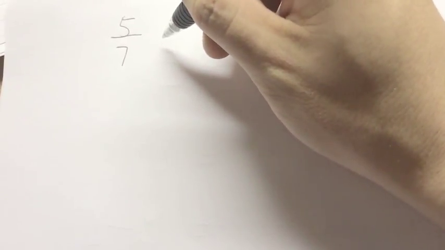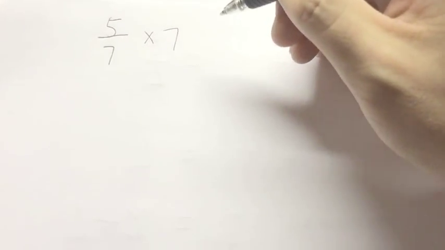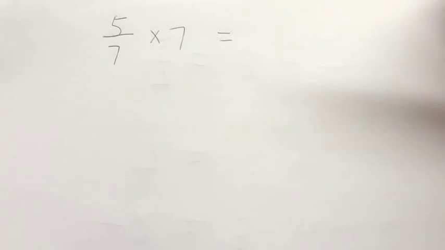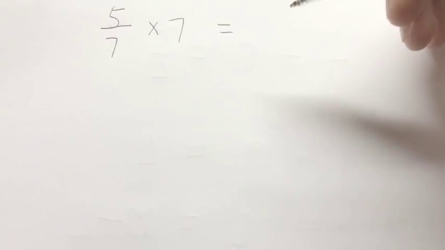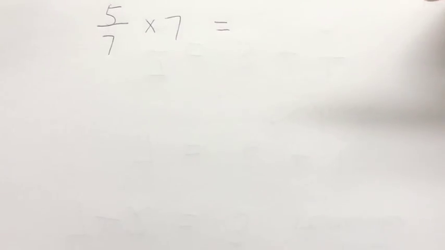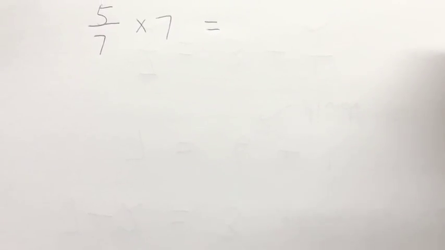So for example, 5/7 times 7 is something really obvious to do, and it's going to bring forth a point I really want to emphasize: because fractions represent division, and divisions are really crucially related to multiplication, this relationship is going to be essential to fractions as well.